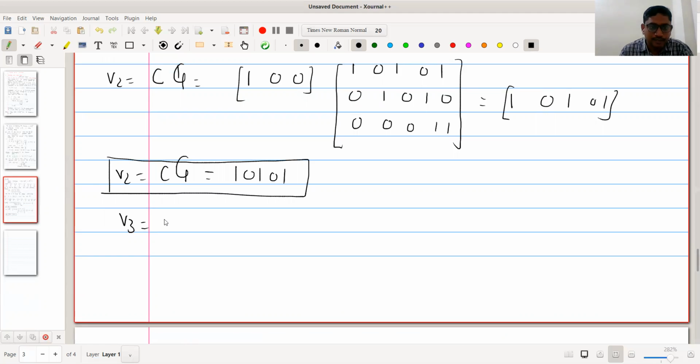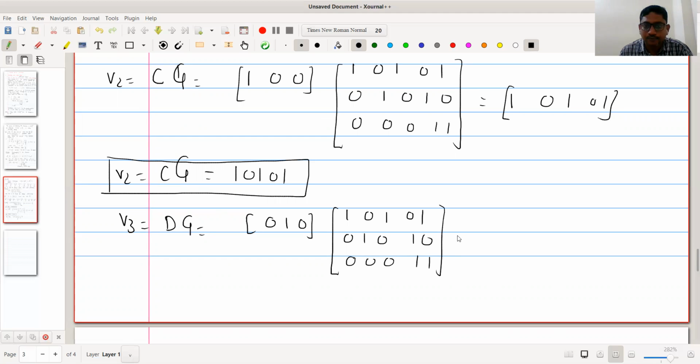So I call it V3, D into G, D is 0 1 0, and write the matrix G. In this multiplication, the first row is multiplied by 0, the second row is multiplied by 0, and addition is done.